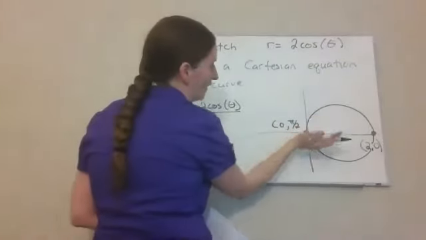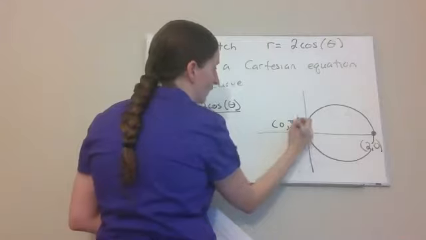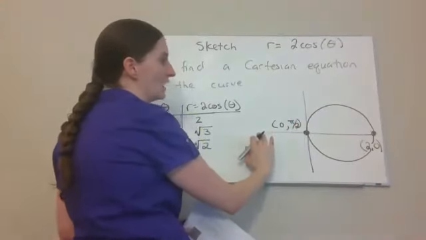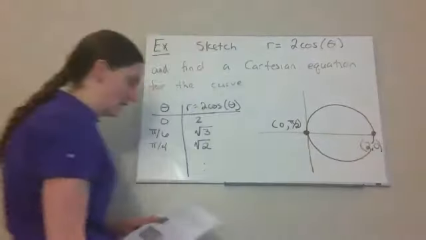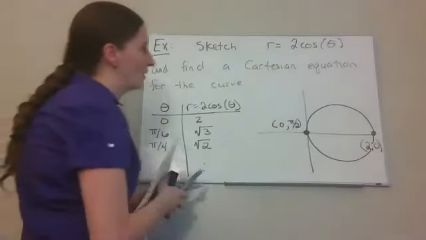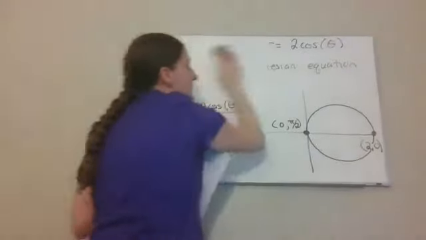Because my angle here at pi over 2 is straight up and down, and I'm at a distance of 0. If I get to my angle of pi, I'm going to get negative 2 for my distance, so I end up back over at this point over here. So that's yet another circle, but it's a circle that's not centered at my pole anymore.